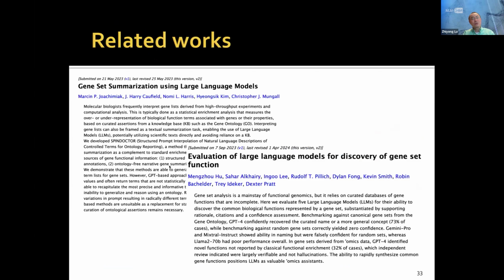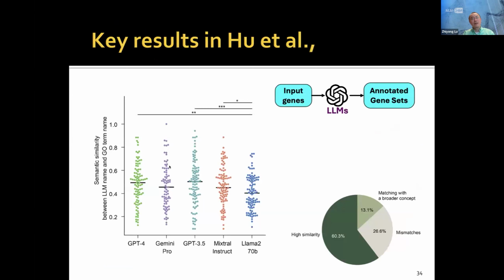Okay, so people have been very creative. There have been studies to show that instead, why don't you just give that set of genes to large language models and ask them to generate the set of functions? And that turns out to be quite successful in this paper published last year, where Hu and colleagues showed that given a set of genes, a large language model like GPT-4, they actually benchmarked a bunch of different large language models, can generate results very accurately, very comparable to, even higher than, the traditional enrichment analysis.